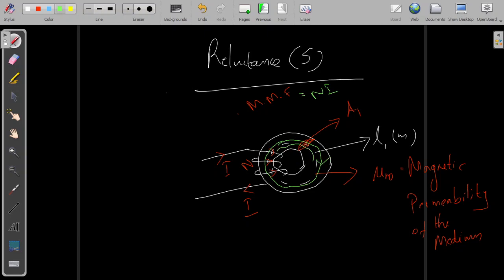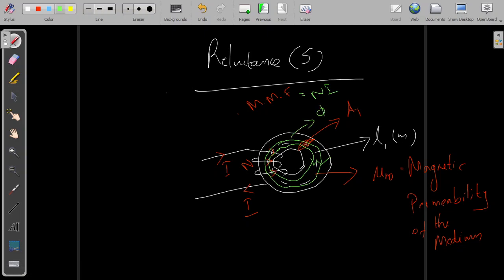Like this, a large number of flux lines are set up in the core. Let these flux lines be phi.